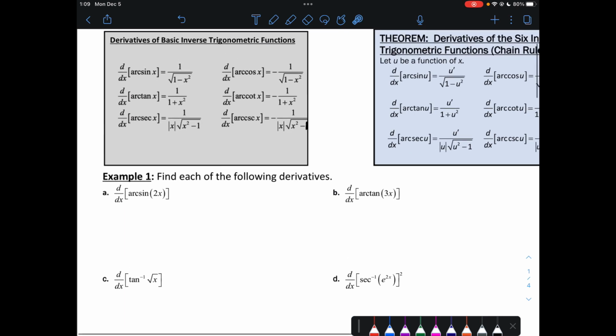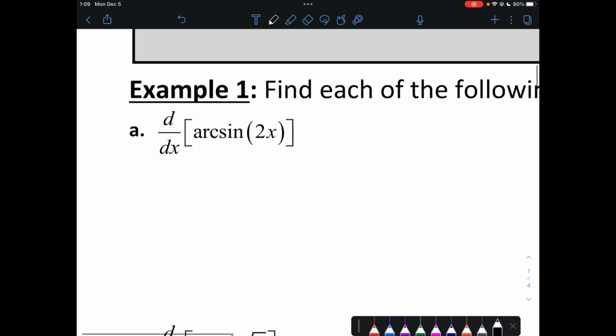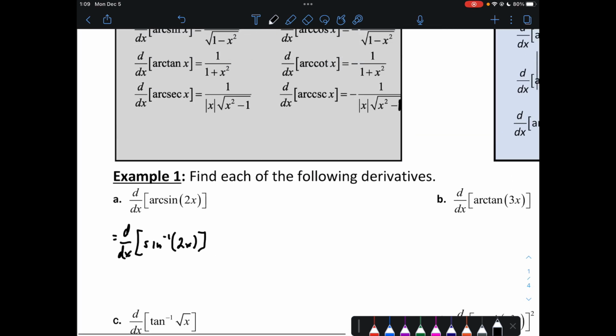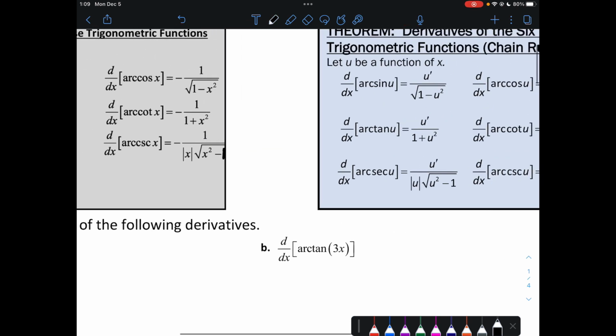The first one says arc sine of 2x. Now remember, we can also think of this as sine inverse of 2x. And really all we're going to do here is apply this rule right there. Okay, well actually I guess it would be this one right here because we are using chain rule.